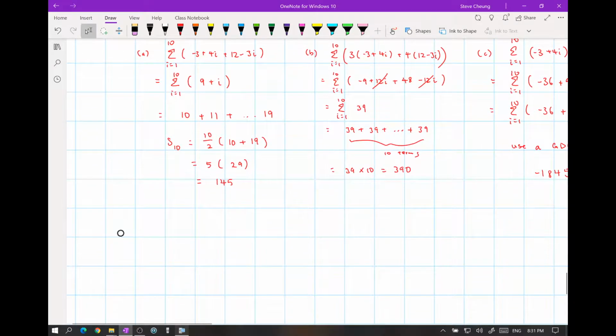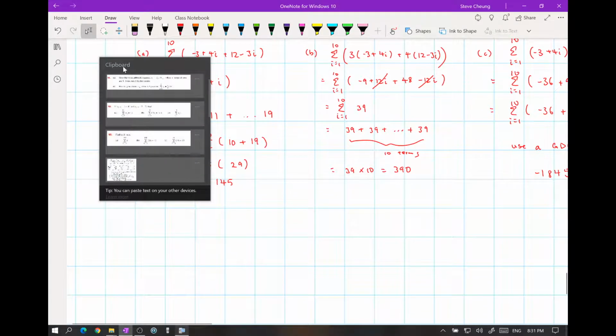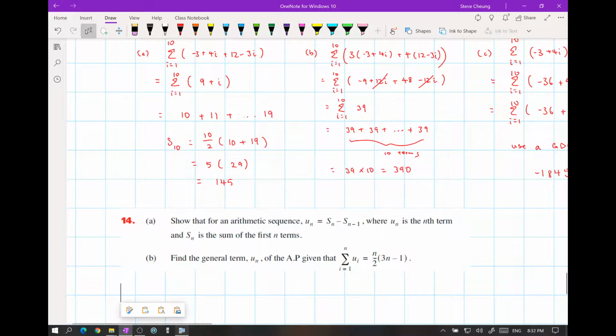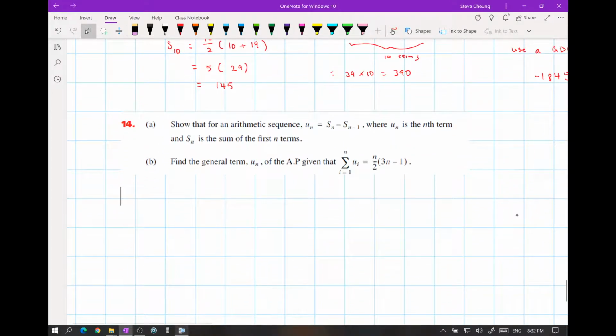And for the last one, manipulation. Show that u sub n is the same as S_n minus S_(n-1). So you can literally just do it like this. This is sort of good for SL kids as well, because it's a simple deductive proof.